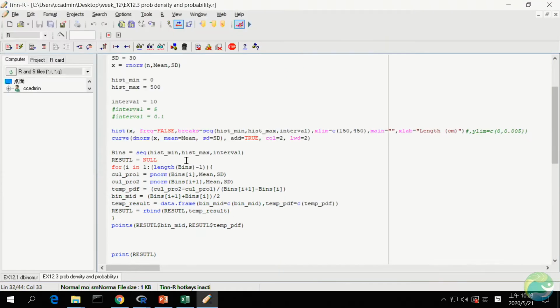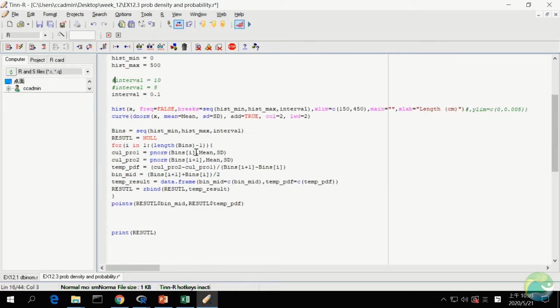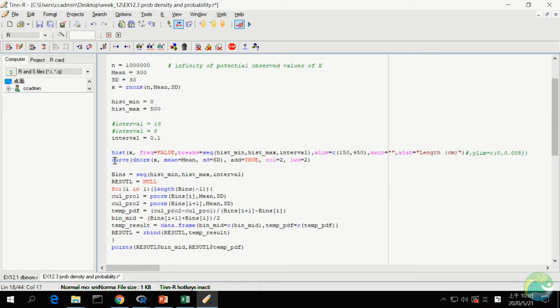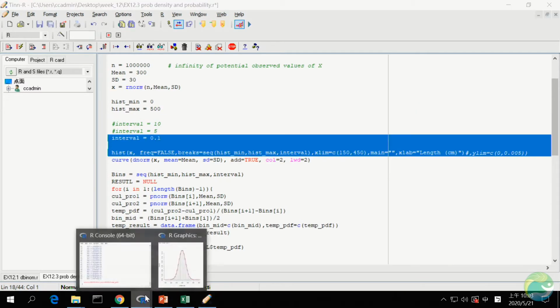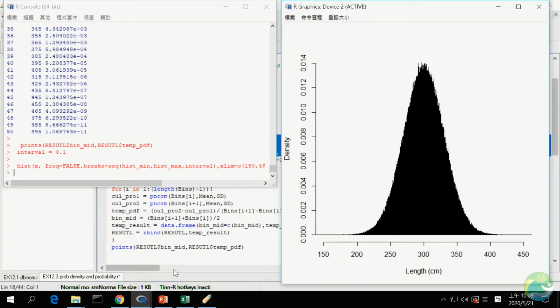So let's reduce the bin interval. This is 10, right? I'm going to do 0.1. Because the bin right now is very small, the histogram looks like this.